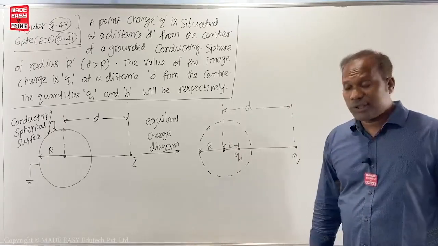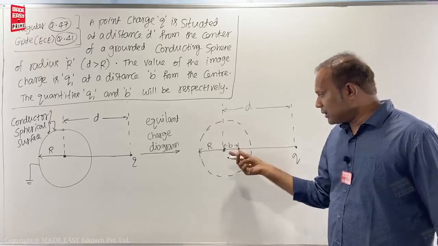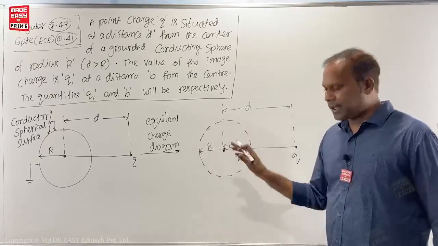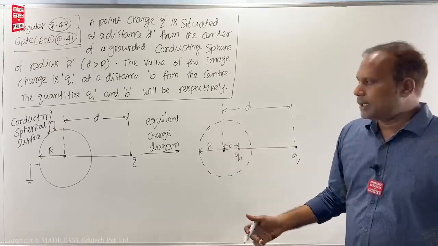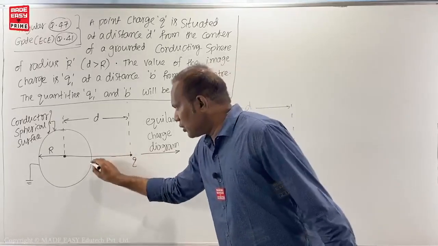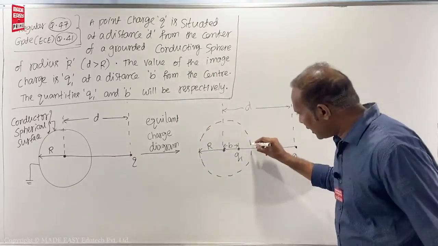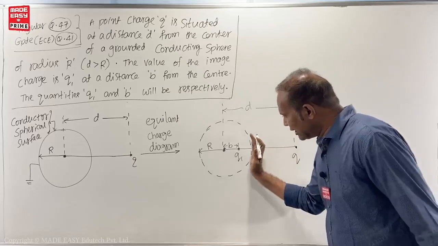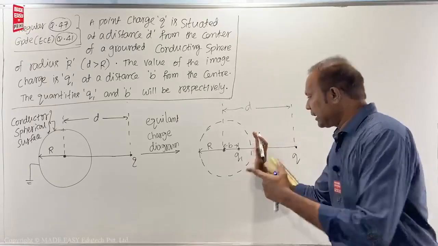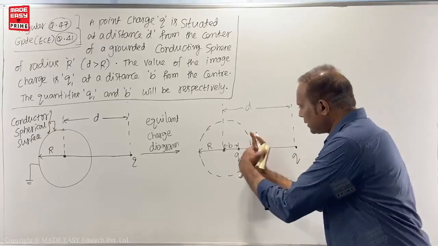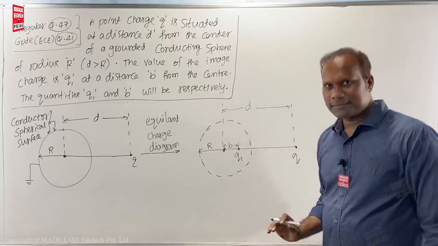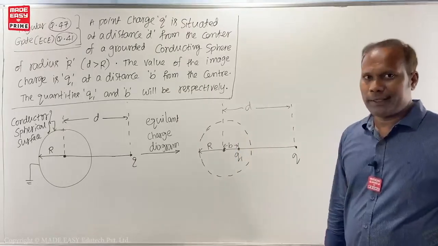Now you will ask me, how do you know this b is inside this sphere? Yes, common sense. I want 0 volt here. To get 0 volt here, definitely if a positive charge is on this side, then a negative charge should be on this side. That is the key point.